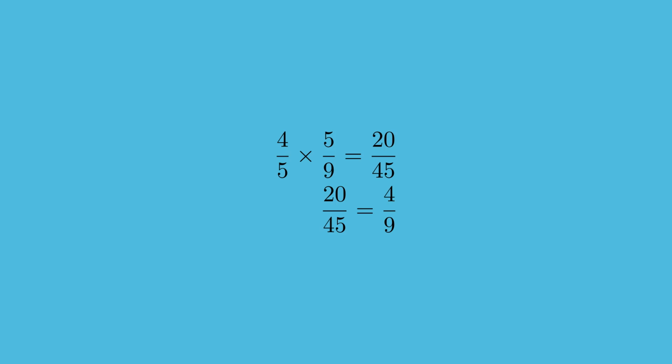This gives us a product of 20. Next, let's multiply the denominators, which are 5 and 9. Their product is 45. The new fraction is thus 20 over 45. However, this fraction can be reduced. Both the numerator and denominator can be divided by 5. Doing so, we get 4 over 9. Thus, the correct answer is 4 over 9.